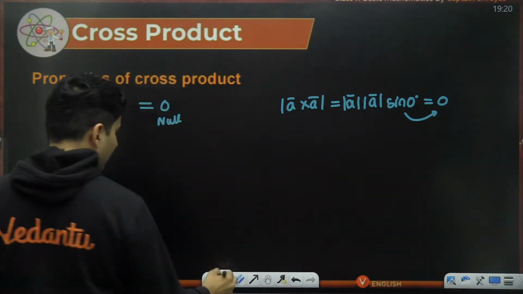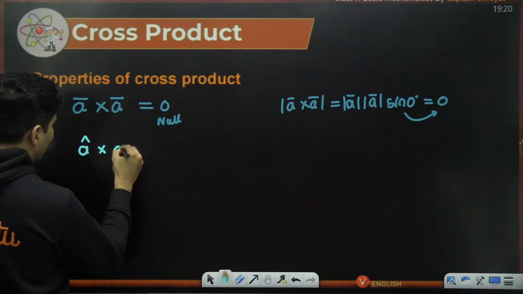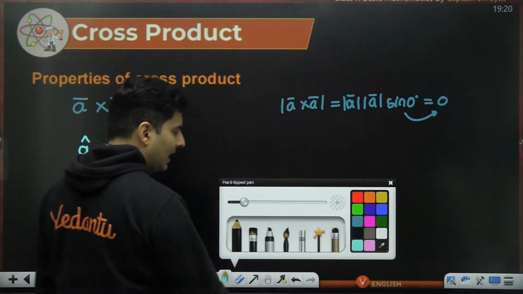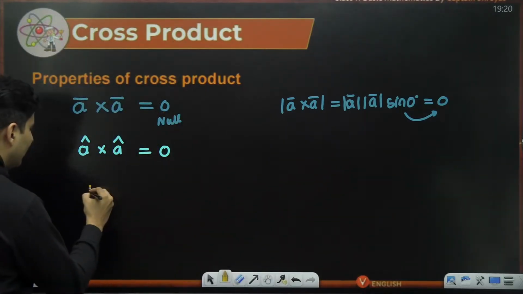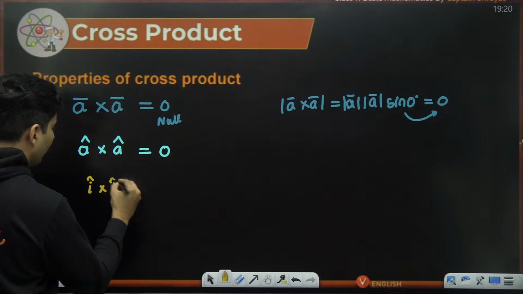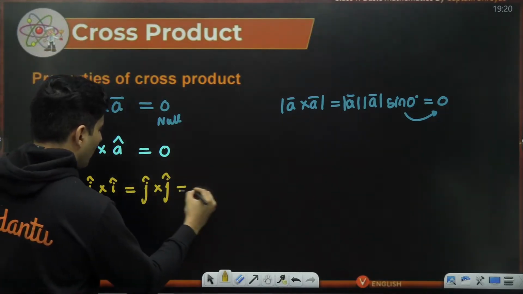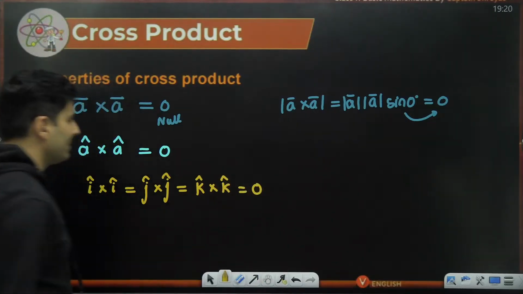Not just this, even if I do any unit vector cross itself, it will be a null vector. Even our specific vectors like i cross i, j cross j, or k cross k, all of them will be 0.